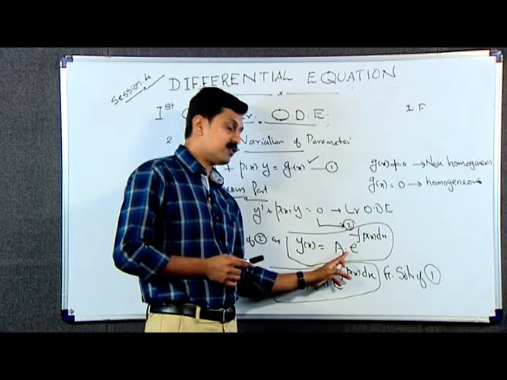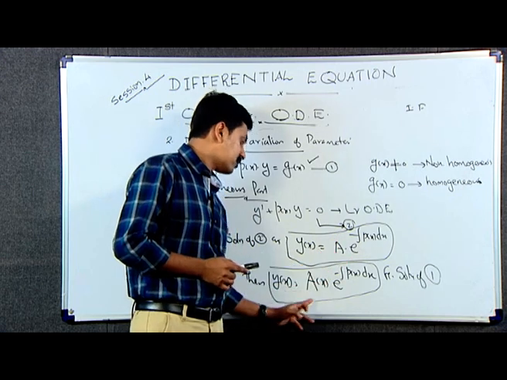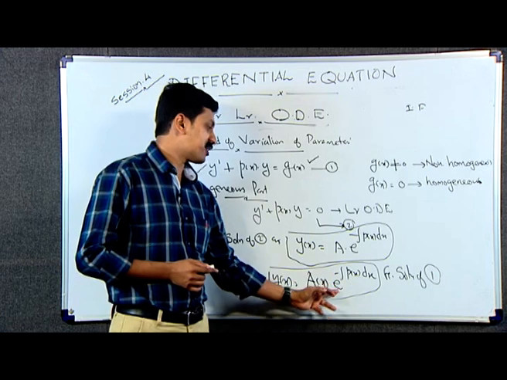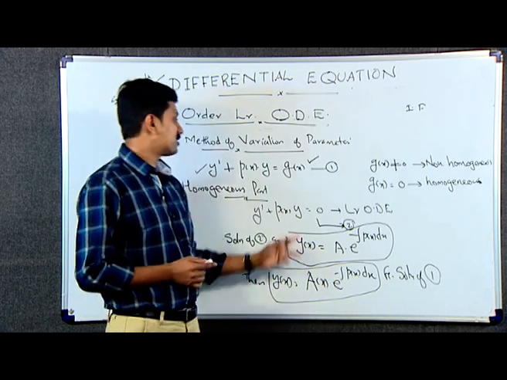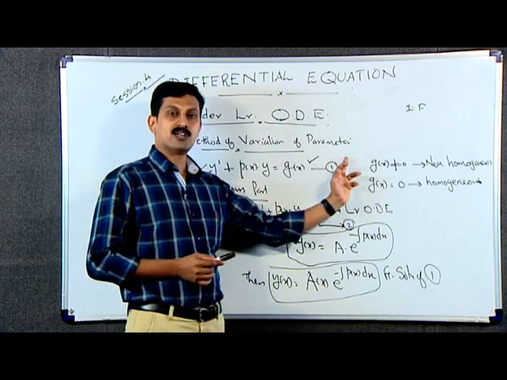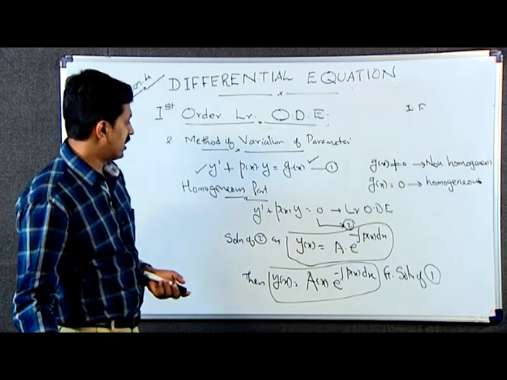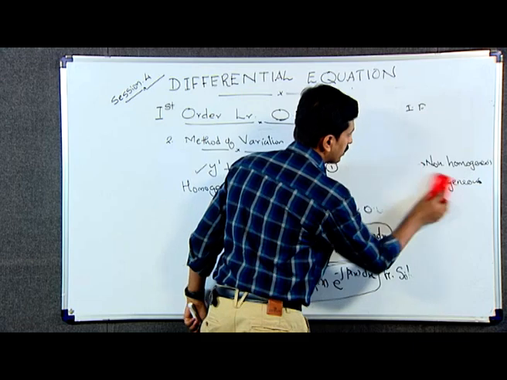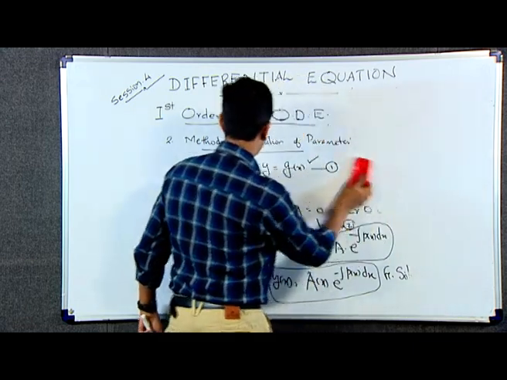Here a is a constant, but here it is a function of x. By finding this function, you can find the general solution for this non-homogeneous linear differential equation. We can move to some questions using this method.